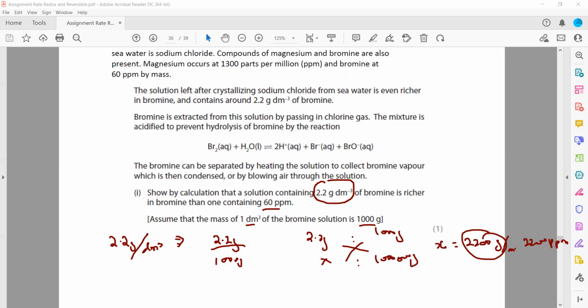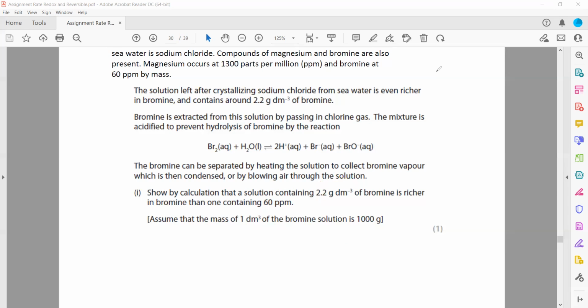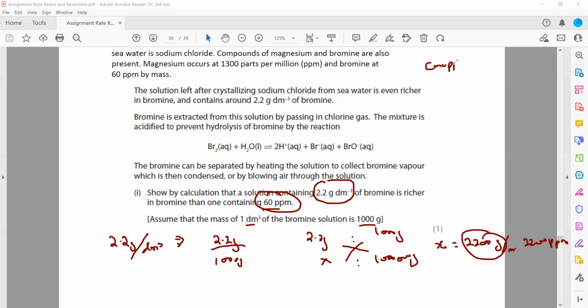And when we compare the two values, this one is 60 parts per million, but if we have 2.2 gram per dm cube, it means it contains 2200 parts per million. Out of 1 million, it contains this much bromine, because the formula for concentration in ppm is equal to mass of solute divided by mass of solvent times 1 million.